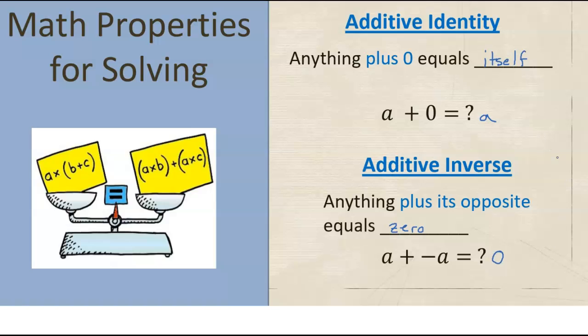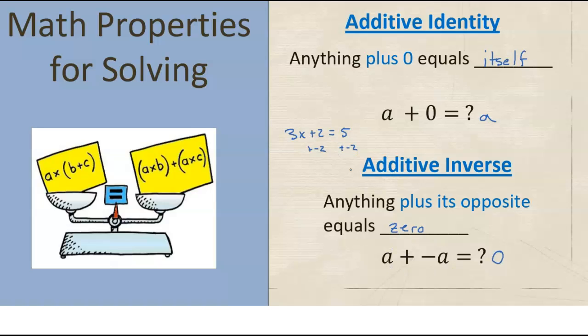And we use these properties all the time in solving, because it helps us eliminate numbers. So if we have something like 3x plus 2 equals 5, we can add a negative 2, also known as subtract, to both sides.